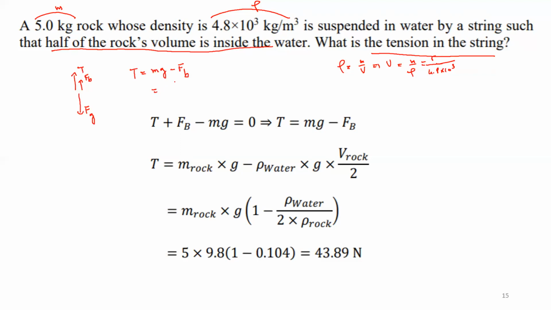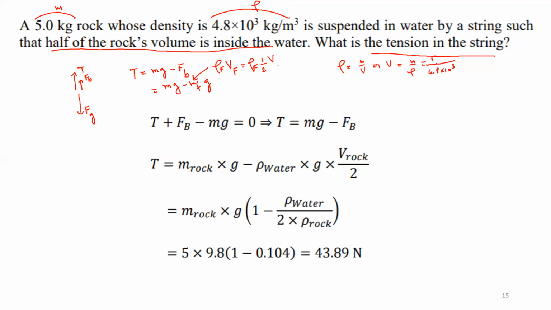So let's write it down. So this will give us mg minus mf g, right? Okay. Now let's write what is mf. mf is rho f vf, which is rho f. What is the volume of fluid which is displaced? It's half the volume of the rock, because only half of the volume of the rock is inside water. So half volume of the rock. Okay.